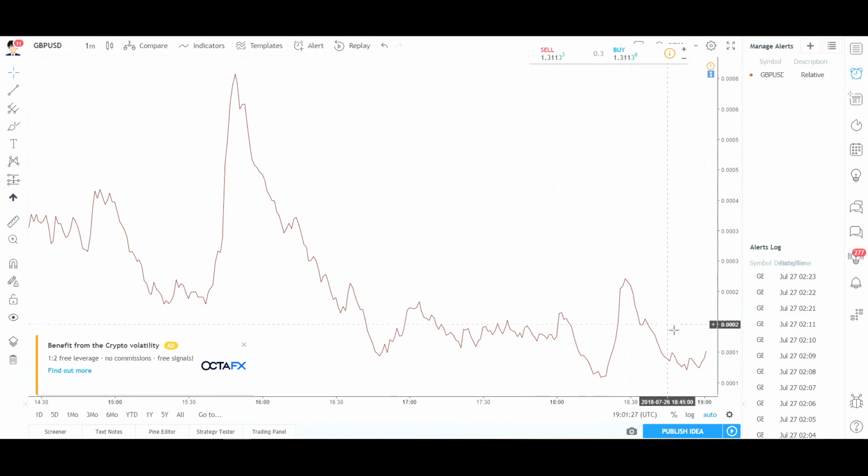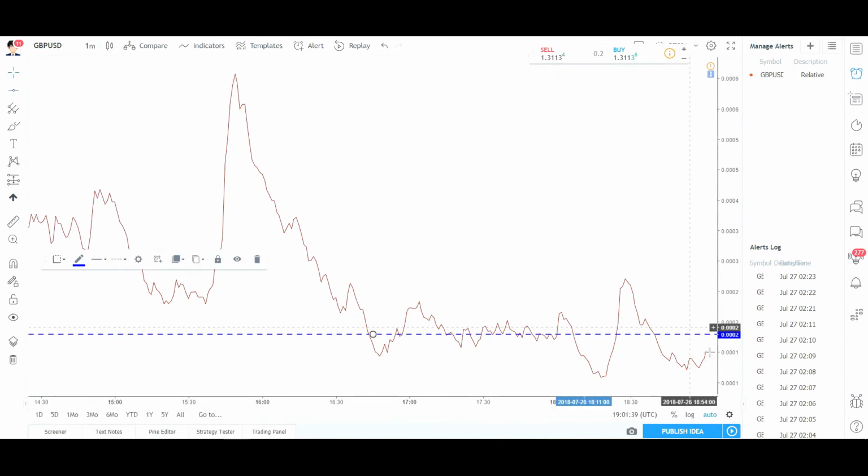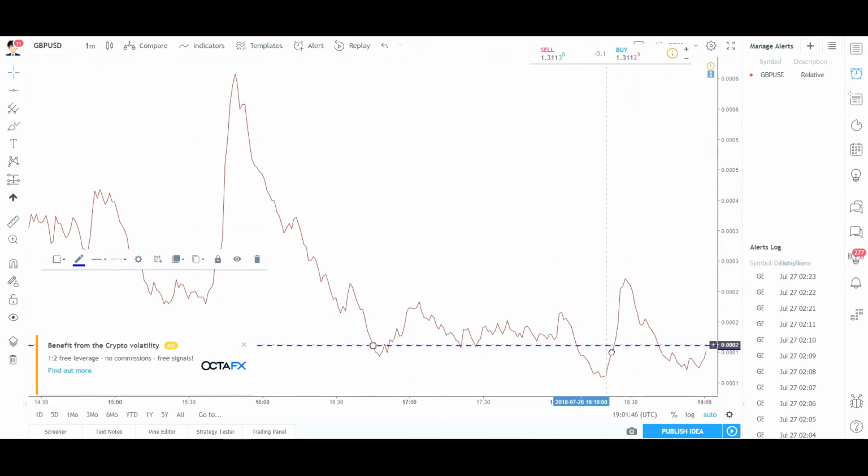And if you notice, the 0.002, if you bring the line over here, let's say even over here, it still says 0.002.